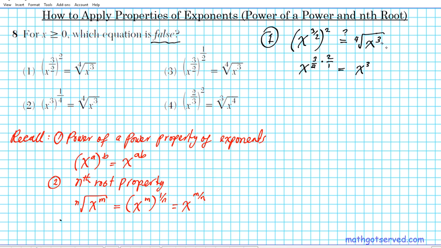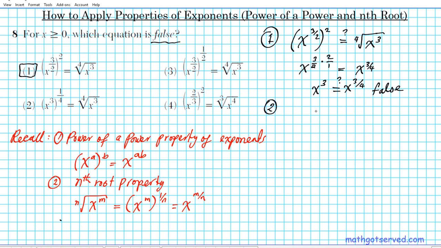The power on the inside is the numerator and the index becomes the denominator. And the left one simplifies, the 2's divide out, x to the third. Is x to the third equal to x to the 3 over 4? No, this is false. So this is the answer. Option number 1 is the answer because it is false.